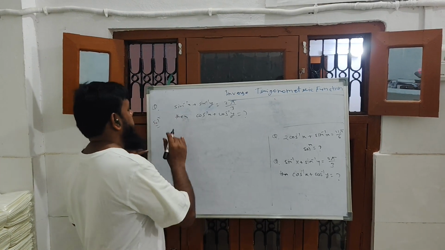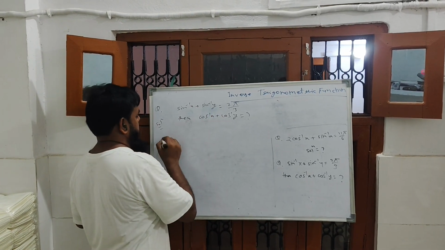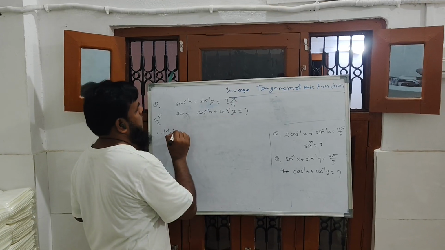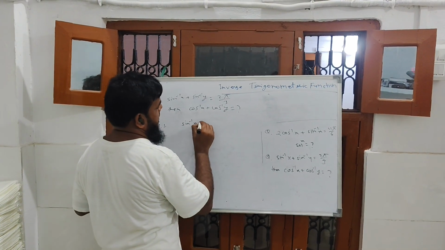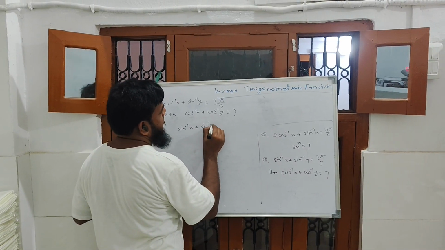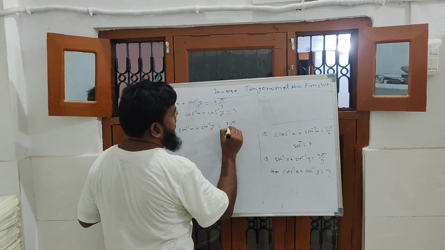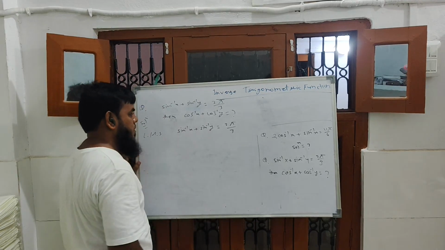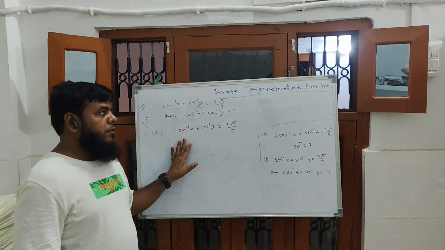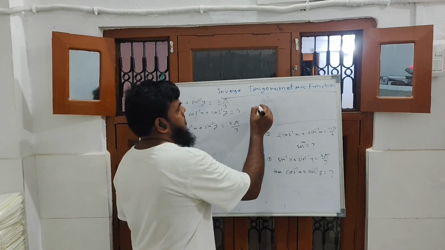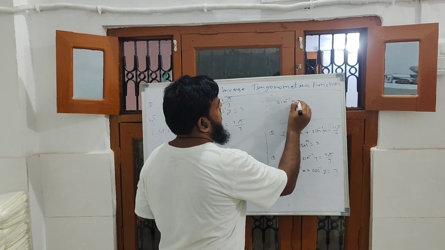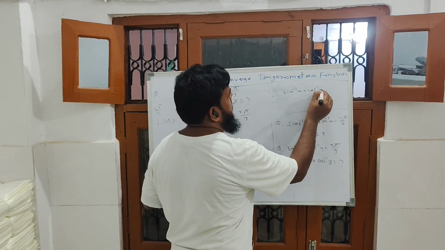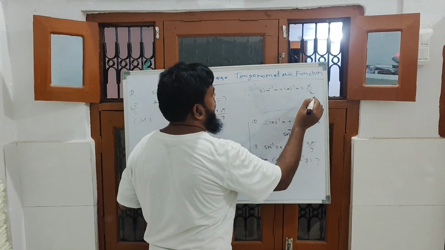We take the left hand side: sin inverse x plus sin inverse y equals 2 pi by 3. We know the identity sin inverse x plus cos inverse x equals pi by 2.